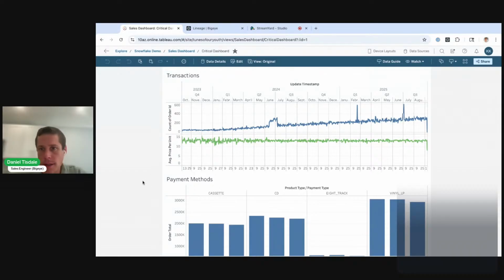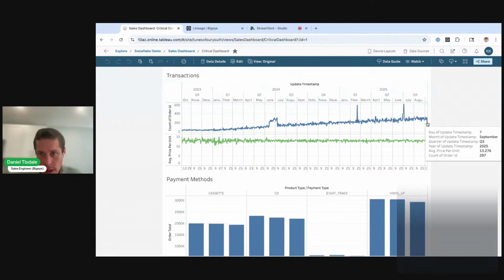I don't have an easy way to know that, right? There's not anything telling me, hey, this data is up to date, or maybe there's missing fields, or the number of records is off based on the historical trends or shape of the data.